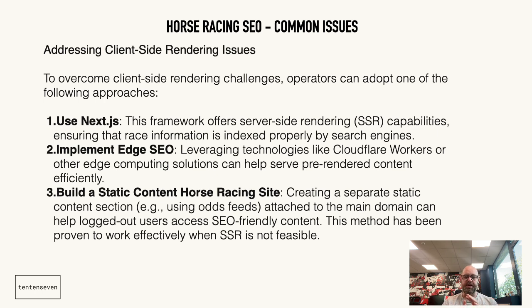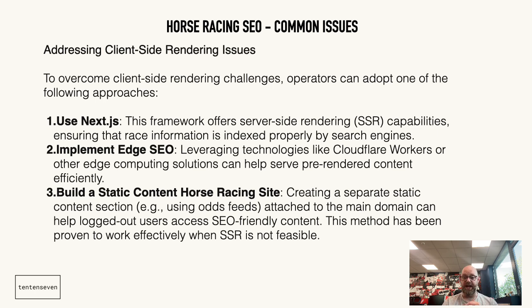However, by building these static pages, essentially using a CMS, you can pull in odds feeds, you can make the content more appealing to search engines, and again, you can add content where you may not be able to add content on your platform. So that is an option, particularly if you're working with white labels.